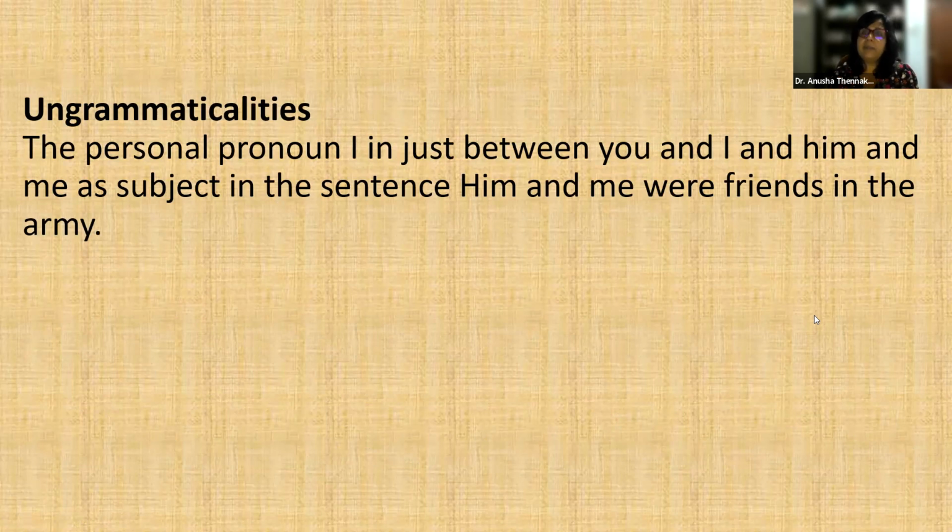But if somebody writes him and me were friends, it's not grammatically correct, but people use it like that. Some people say my father, mother, my brother and me went there. I have heard some people talk like that. It is wrong. It should be my father, my mother, my sister, my brother and I.